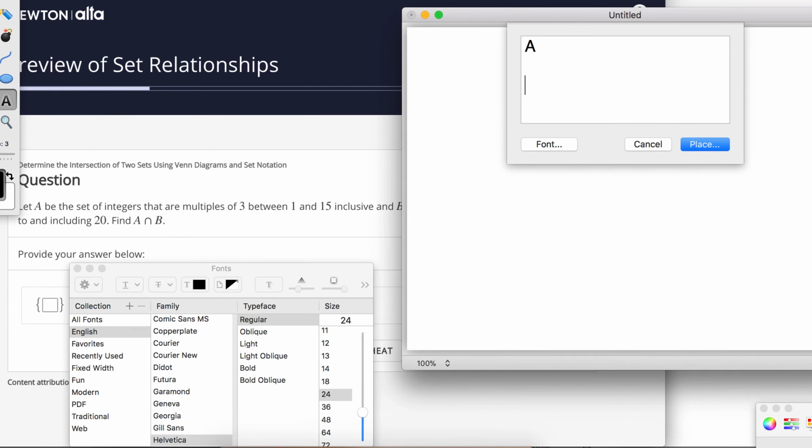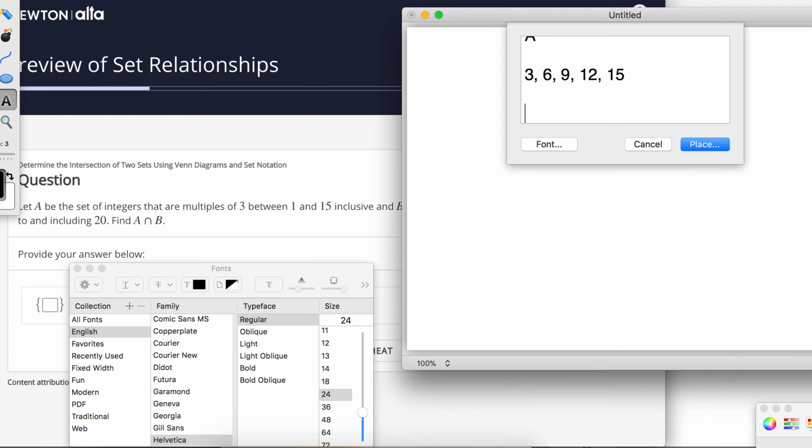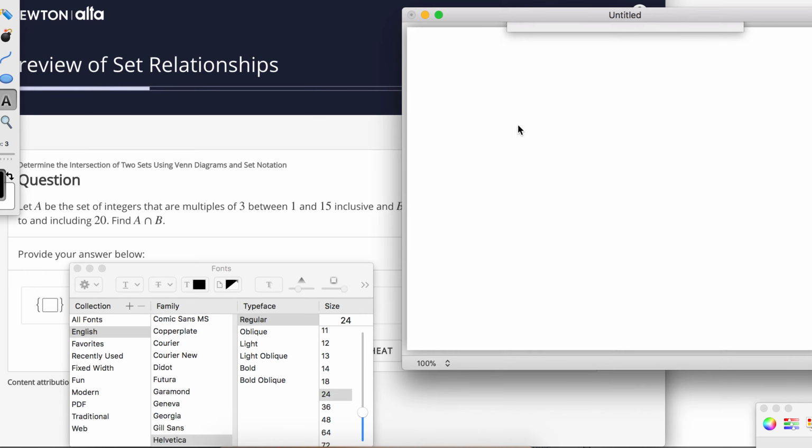Okay, so set A is all the multiples of 3 between 1 and 15. So 3, 6, 9, 12, 15. There's the set A. And B is a set of even natural numbers up to and including 20. So we've got 2, 4, 6, 8, 10, 12, 14, 16, 18, 20.